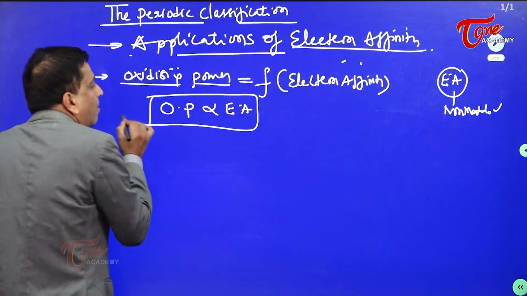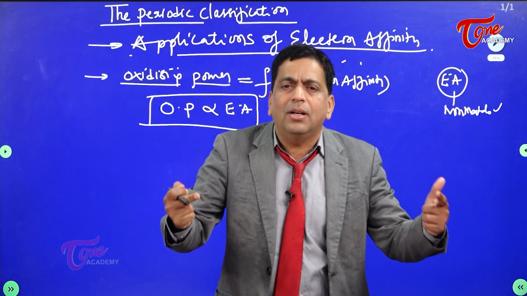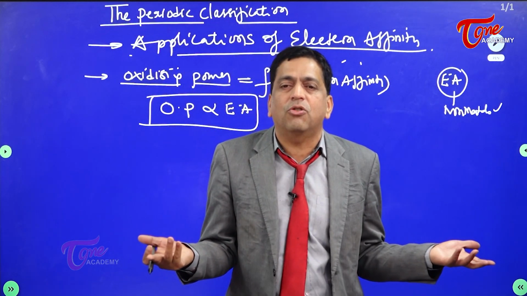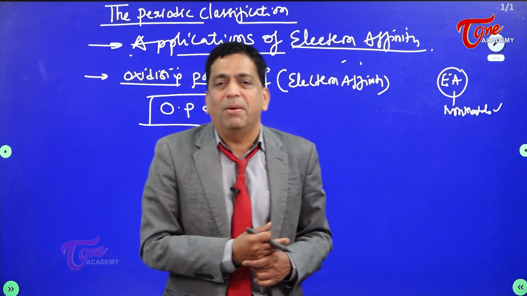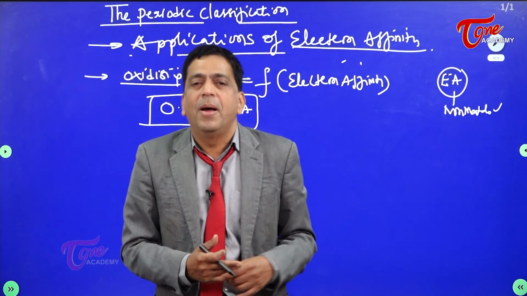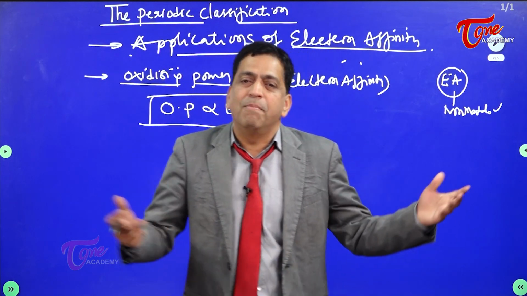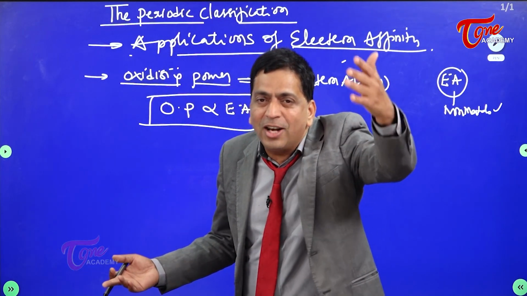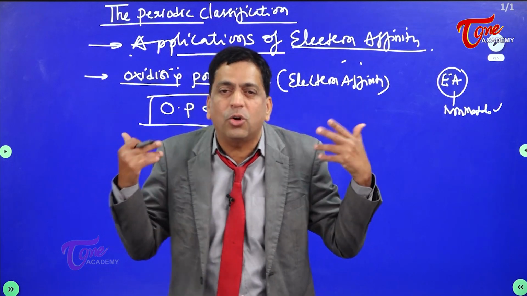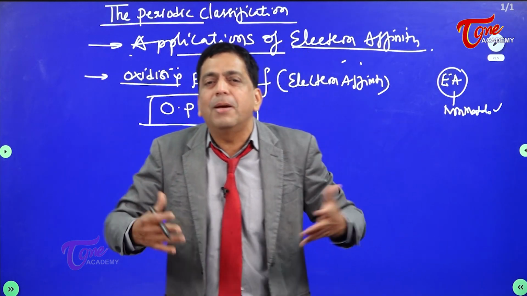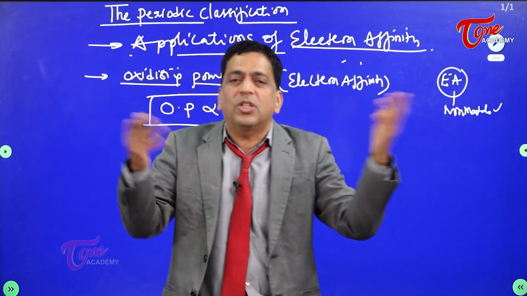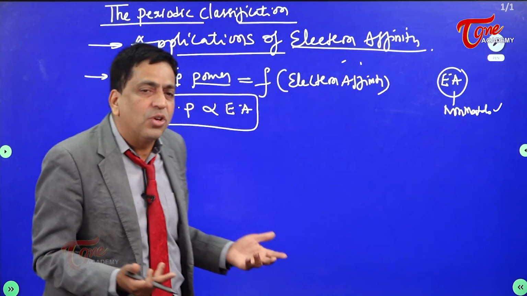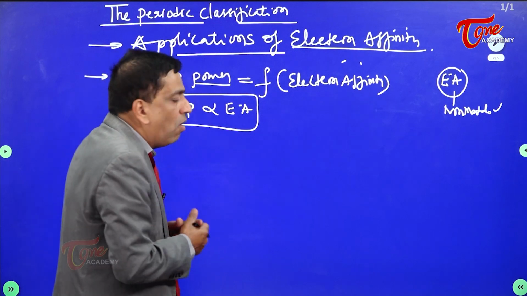Greater the electron affinity, more should be the oxidizing power, because the more you love the electron, the more you are pulling the electron from your neighbor, and your neighbor is getting oxidized and you are oxidizing it, hence you are called an oxidizing agent. So the oxidizing power would be more if the electron affinity is more.